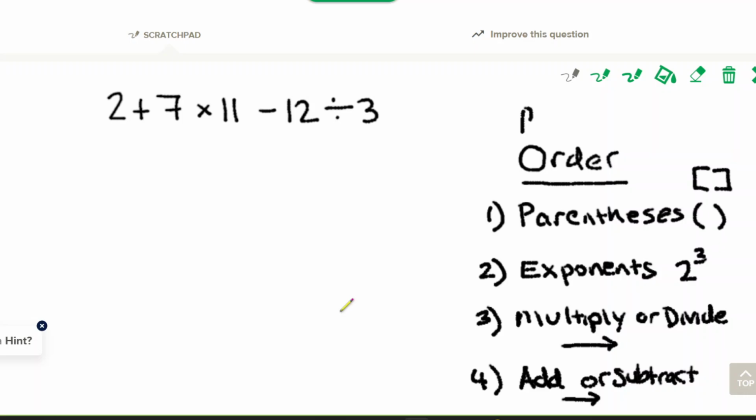Now, you may have seen this before. You may have seen this with the acronym PEMDAS. I've heard a little mnemonic for this saying, please excuse my dear Aunt Sally or something like that. Something to remember.